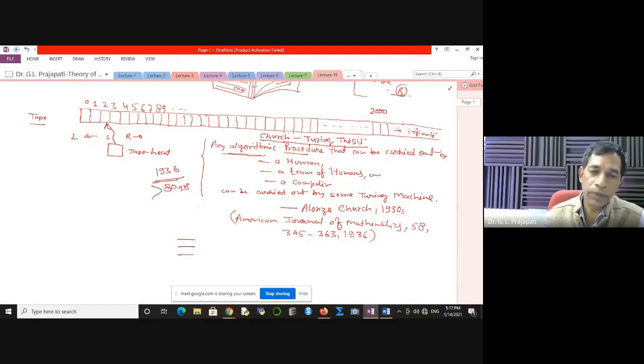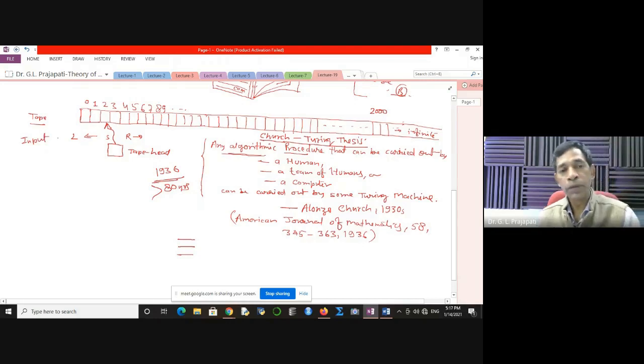Any number of times you can move either right or left. At the beginning, we can store the input onto the tape. The tape is also the input device for the Turing machine.